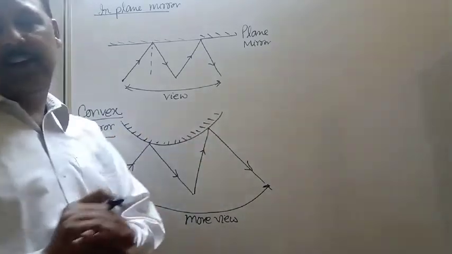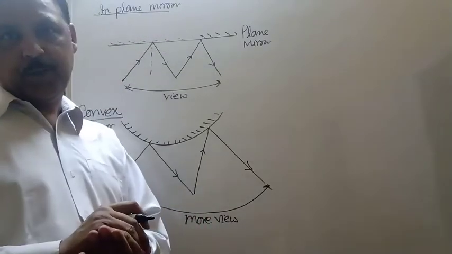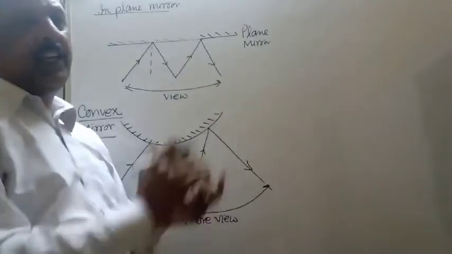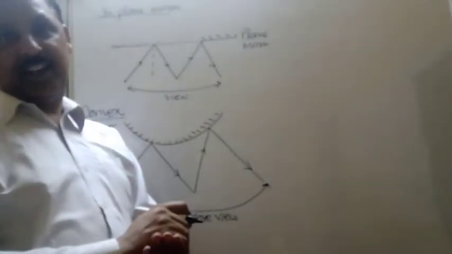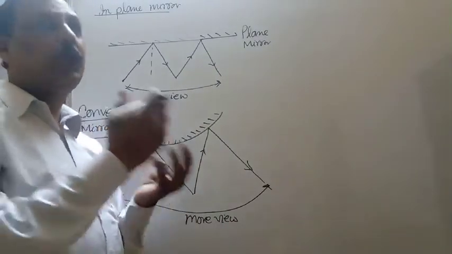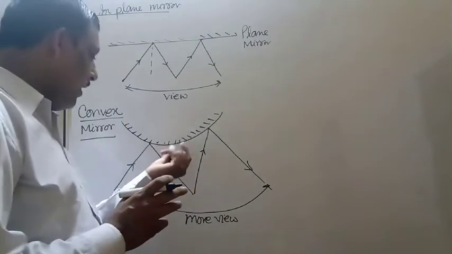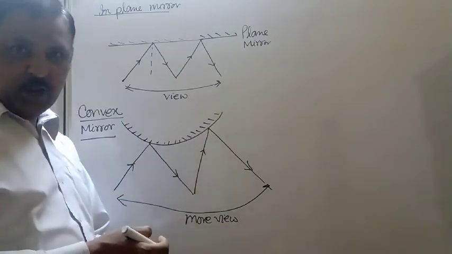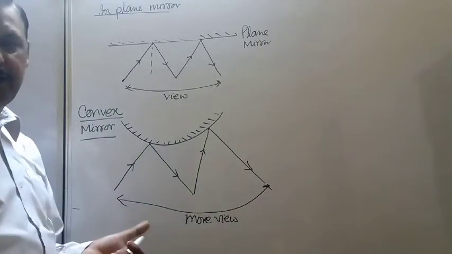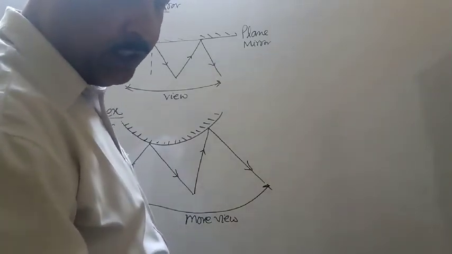We have seen earlier also that it forms diminished images of larger objects. So the whole shop view can be seen in a small convex mirror. This is the advantage. What the person is purchasing, what he is doing, the shopkeeper can see. So it works as a spy mirror also in shopping malls and shops in the market. So you should be very careful about this thing.